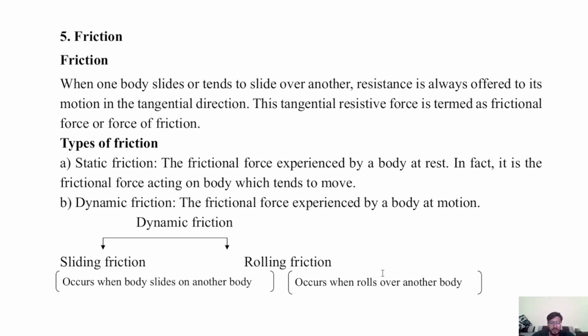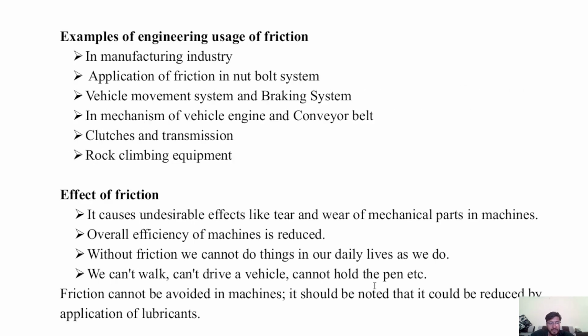Think about all the ways we use friction in our everyday lives, from manufacturing industries to vehicle braking systems. Friction is everywhere. It helps us walk, drive, ride, and even climb rocks.